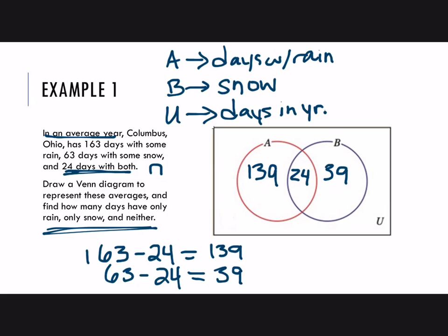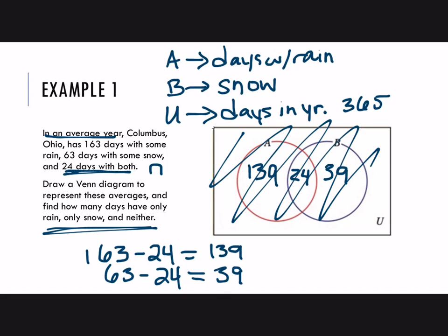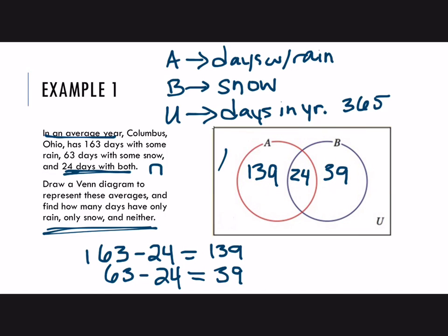Now the 4th one, we need days which have neither of these types of precipitation. The universe represents the days in an average year, so we're going to take that to be 365. And that's kind of like your total. That would represent everything in this whole problem, right? So if we subtracted these numbers, I think we'll end up with just this outside fourth region.